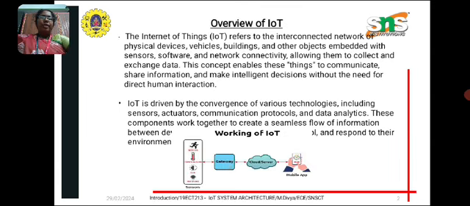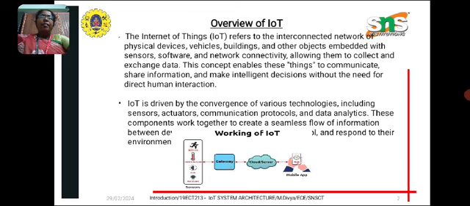Overview of IoT. IoT, the Internet of Things, refers to the interconnected network of physical devices, vehicles, buildings, and other objects embedded with sensors, software, and network connectivity, allowing them to collect and exchange data. This concept enables these things to communicate and share information and make intelligent decisions without the need for direct human interaction.